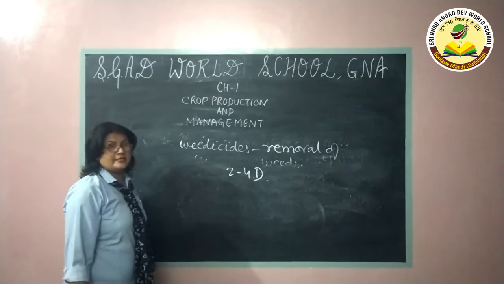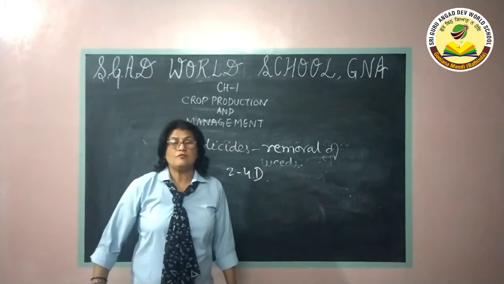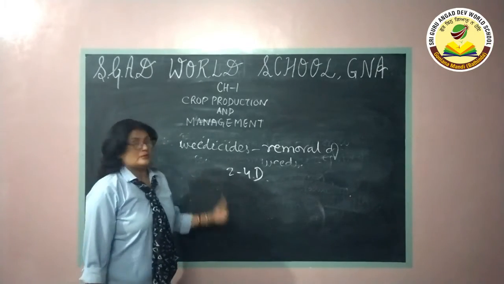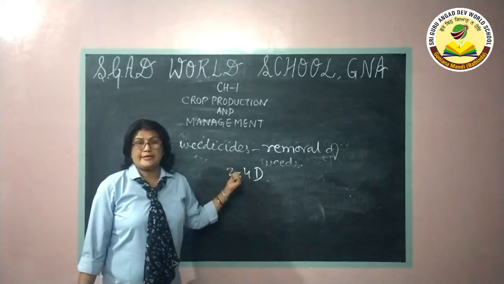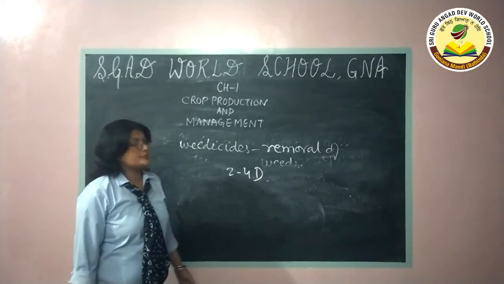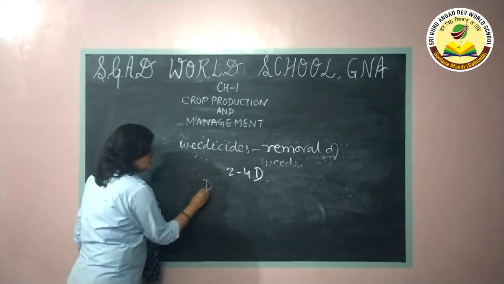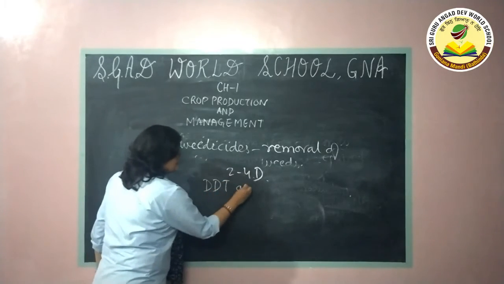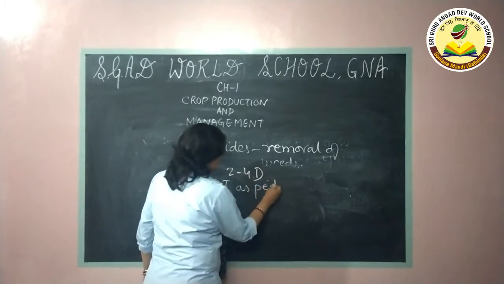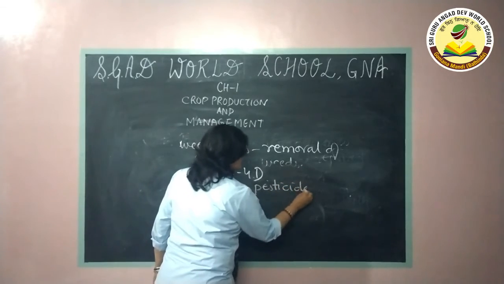Sometimes we also see some insects or worms feeding on the plantlets or main crop. To avoid this, we use DDT as a pesticide to kill all these pests.